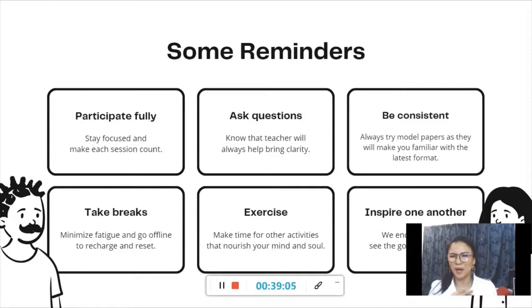Last time we were also students, even though we are teachers now. How do we score? We score by trying out a lot of model papers. When you practice a lot, it will make you familiar with the latest format of the science paper. Always remember, practice makes progress.